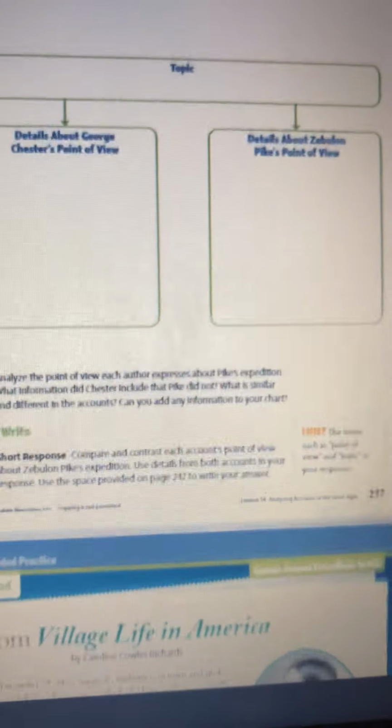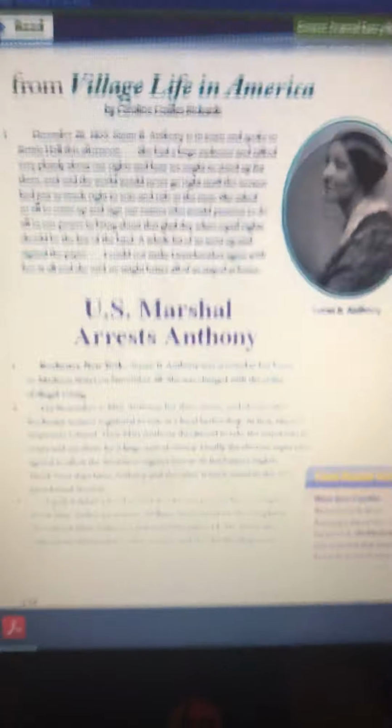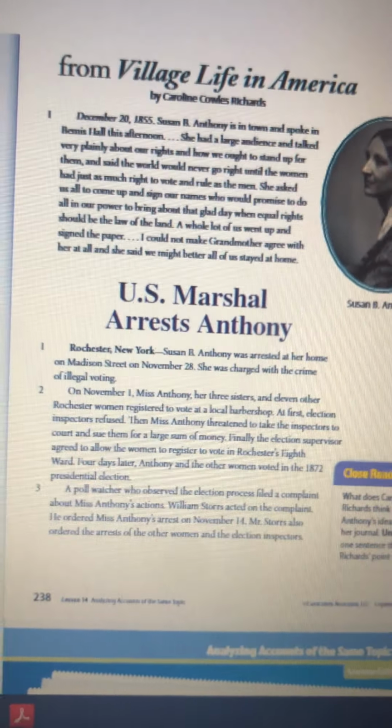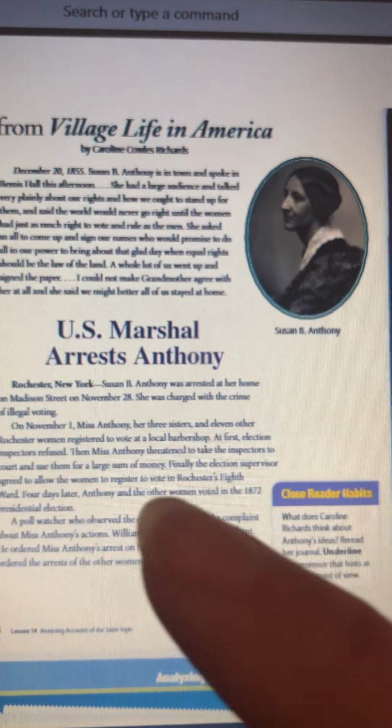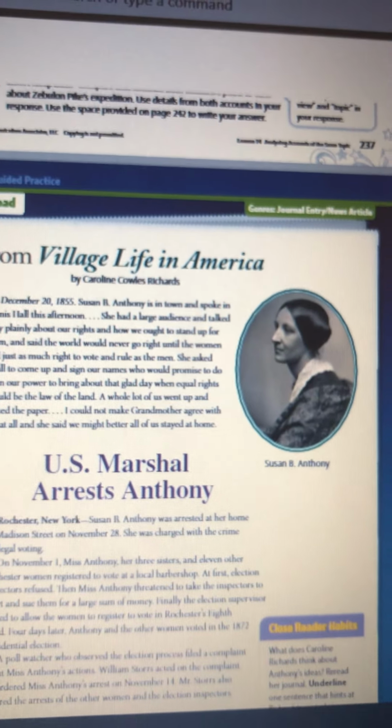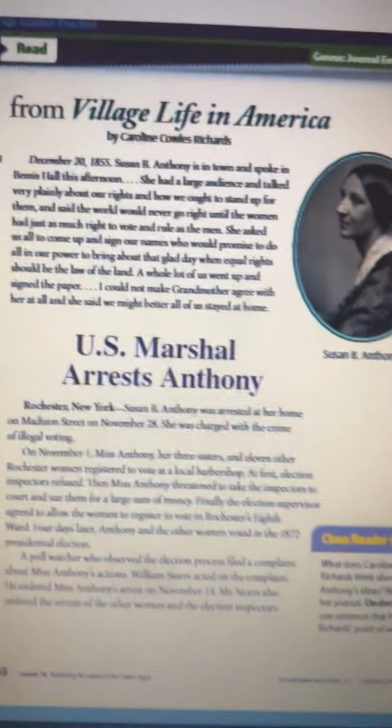So I would start your reading today on page 238, reread this, 2 journal entries, a journal entry and a news article.